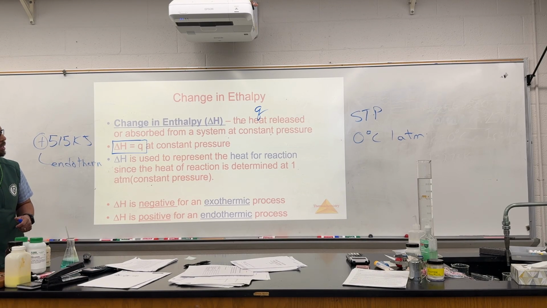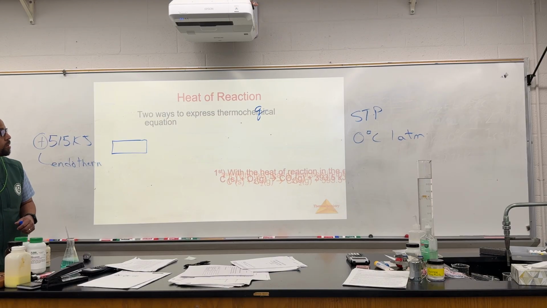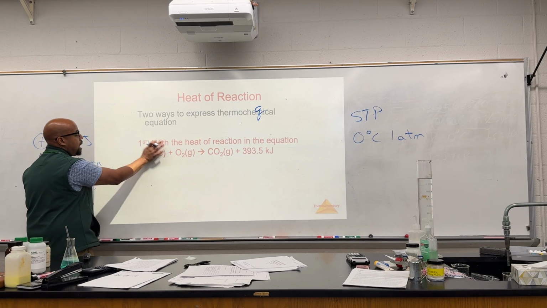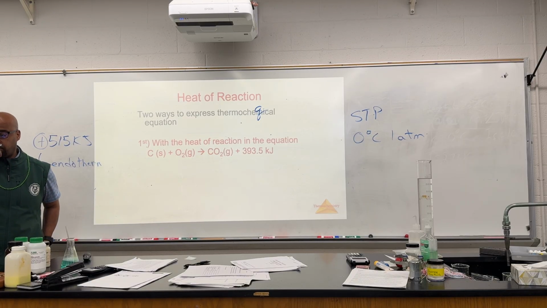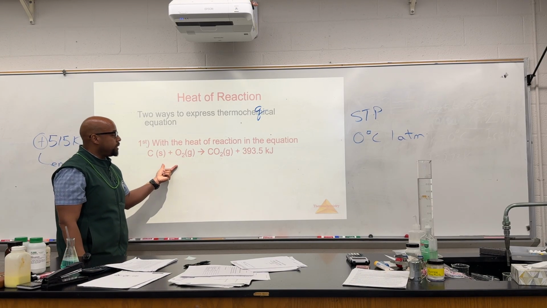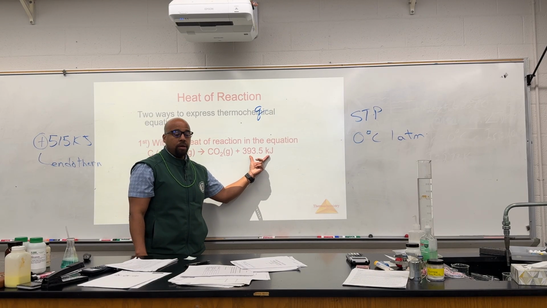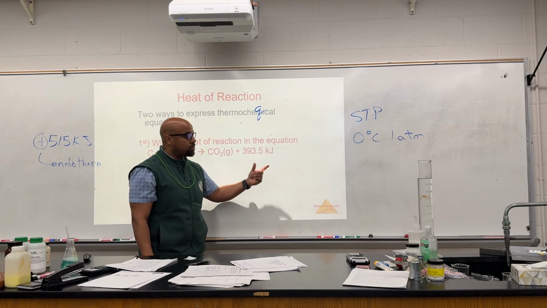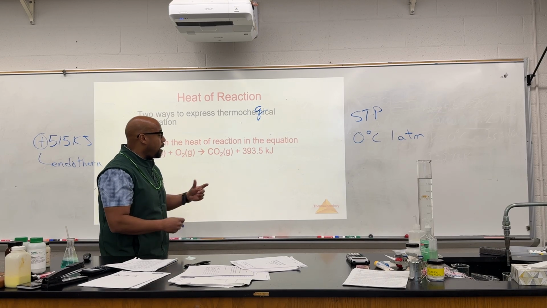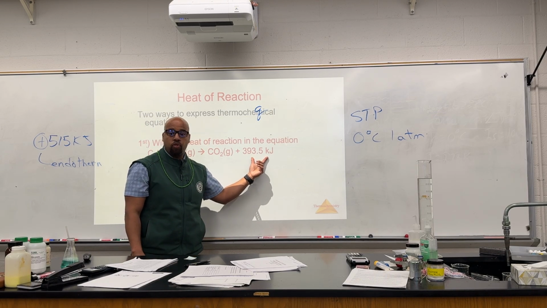Which means that if we look at our thermochemical equation, such as this one right here, I have two ways in which I can express it. One way is to show the heat of reaction. Keep in mind that anytime you see the heat of reaction on the product side, that implies the reaction is exothermic.